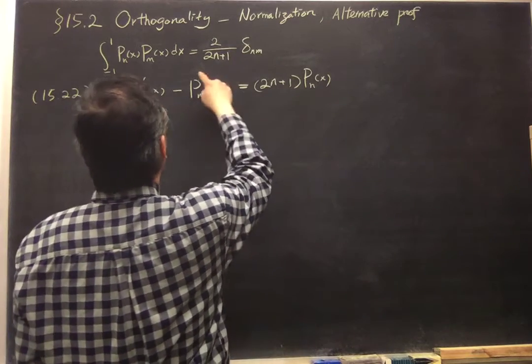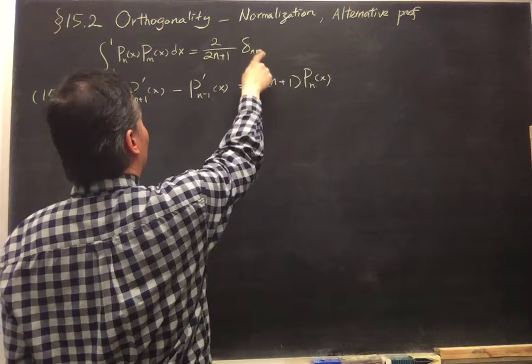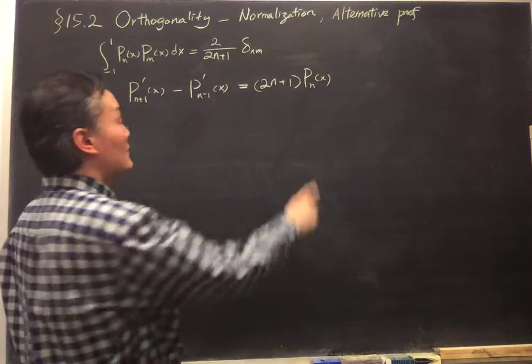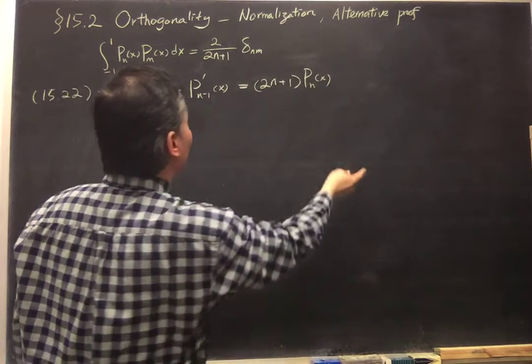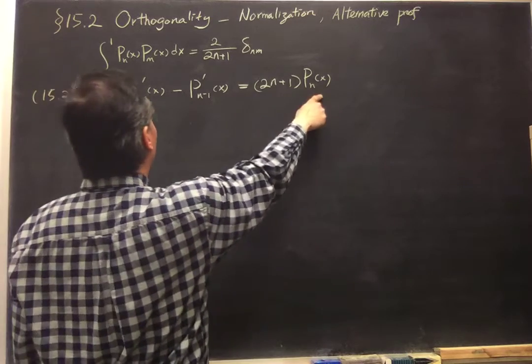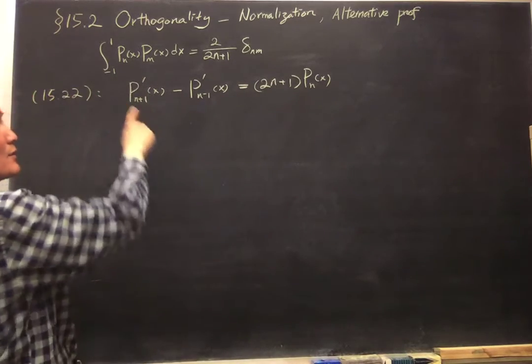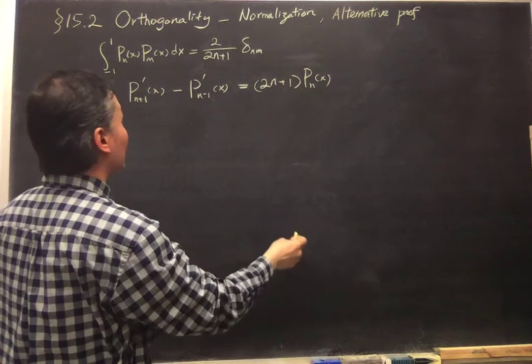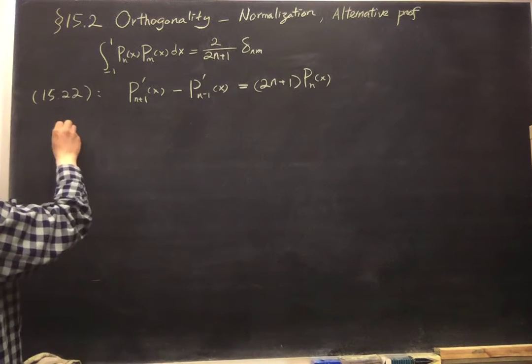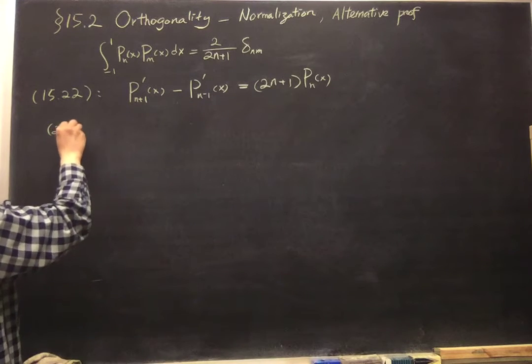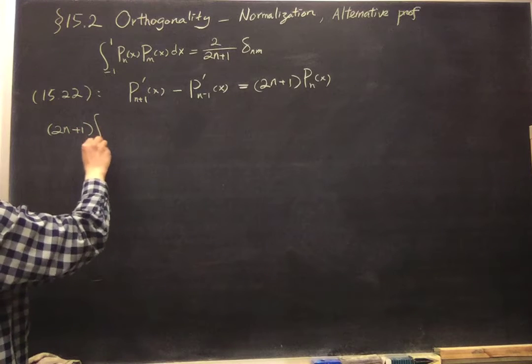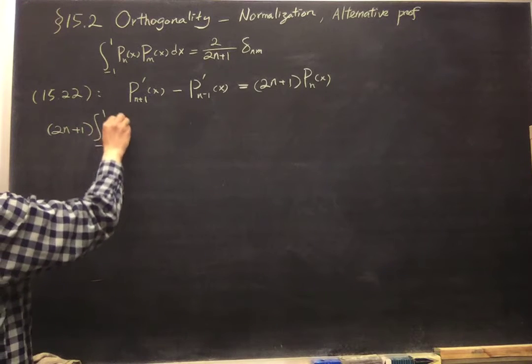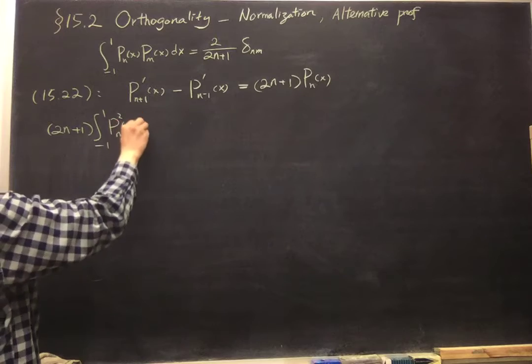All right, so what we can do is straightforward. We want to find the case for n equals m. So we multiply Pn on the left-hand side and the right-hand side and do the integration. You can write 2n plus 1 times the integral of Pn squared dx.